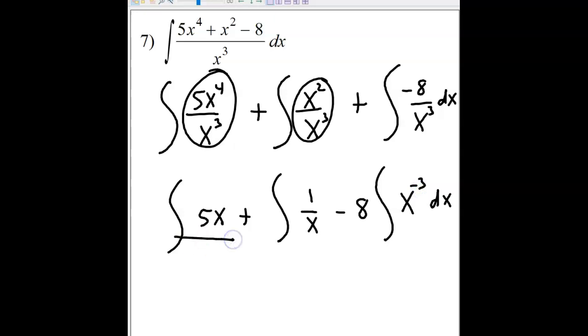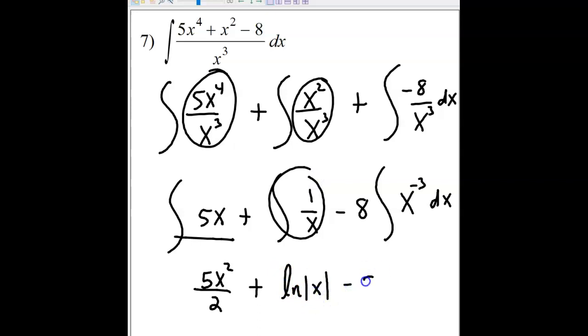So for this one, we add 1 to the power, and we divide by that number. This one is an ln problem. And the next one, we're going to add 1 to the power, and we're going to divide by that number, plus c. We have a little bit more simplifying to do.